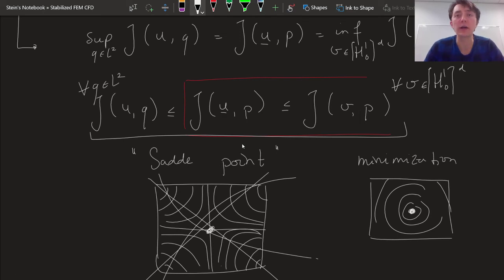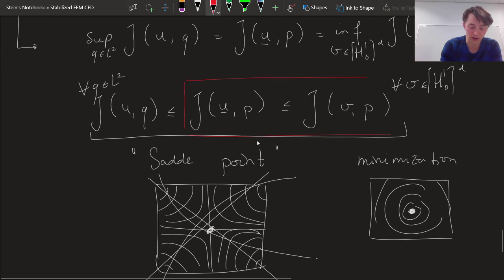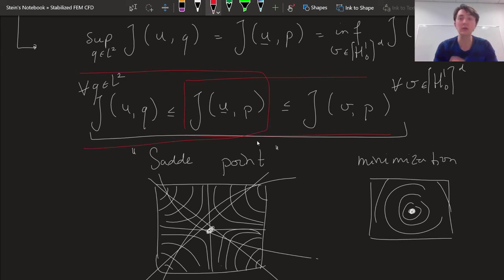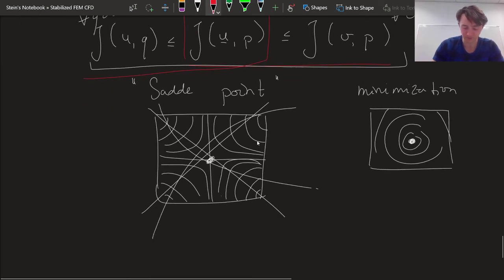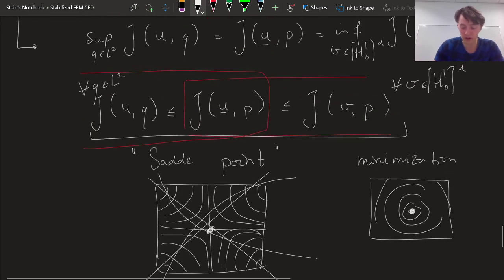Okay, so how do I now obtain a weak statement from this? It's nice that we call this a saddle point problem, but how do we get a practical method from this? Well, this is actually two inequalities, two minimization problems, one boxed in red and another one over here. So I actually get two weak statements. Let me start with the one on the right.